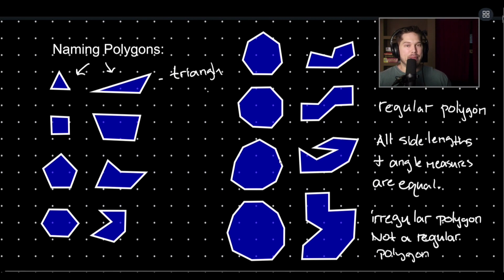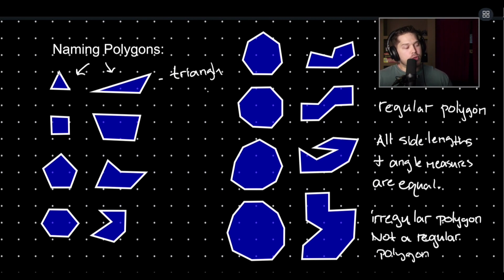Okay, back to naming our polygons. So the three-sided and three-angled polygon is a triangle. The four-sided and four-angled polygon is a quadrilateral. Now you might be thinking, hey, this is a square.